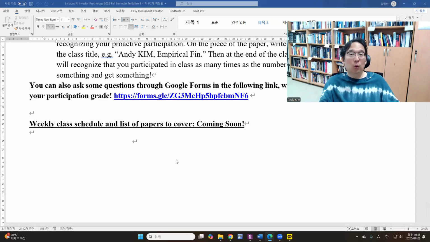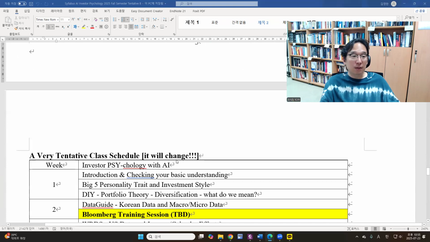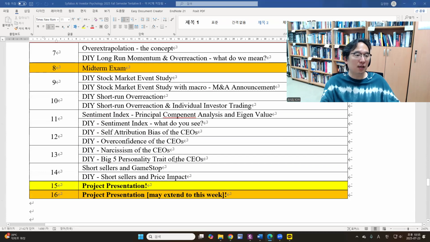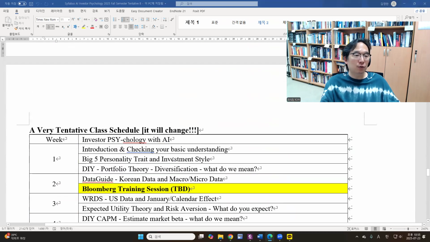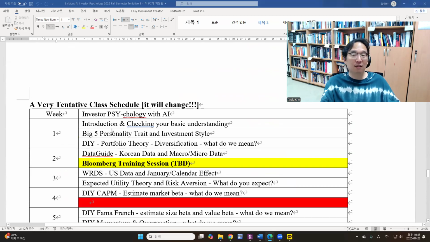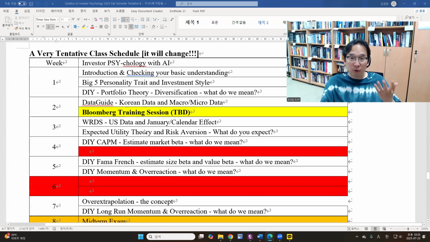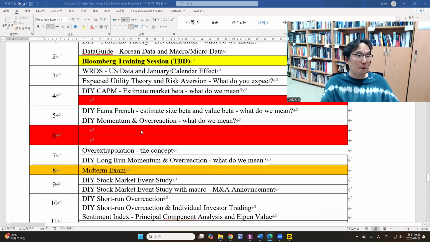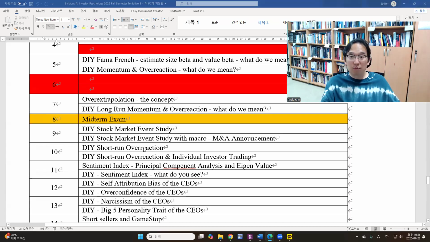But all in all, roughly speaking, we're going to do some basic psychological or behavioral finance concept understanding, and then we will familiarize ourselves with the data operation, and then Fama-French and momentum, and then long-term reversal, basic quantitative trading skills and ideas.